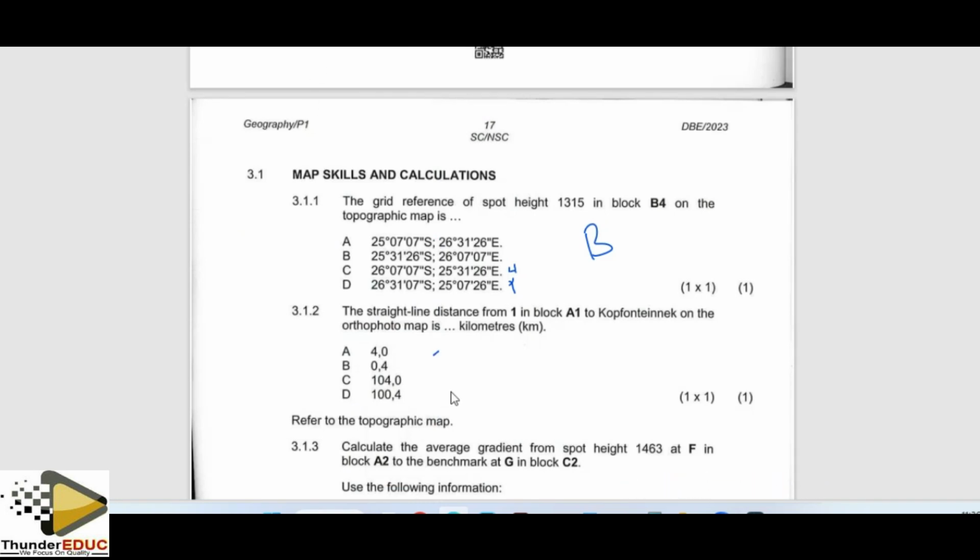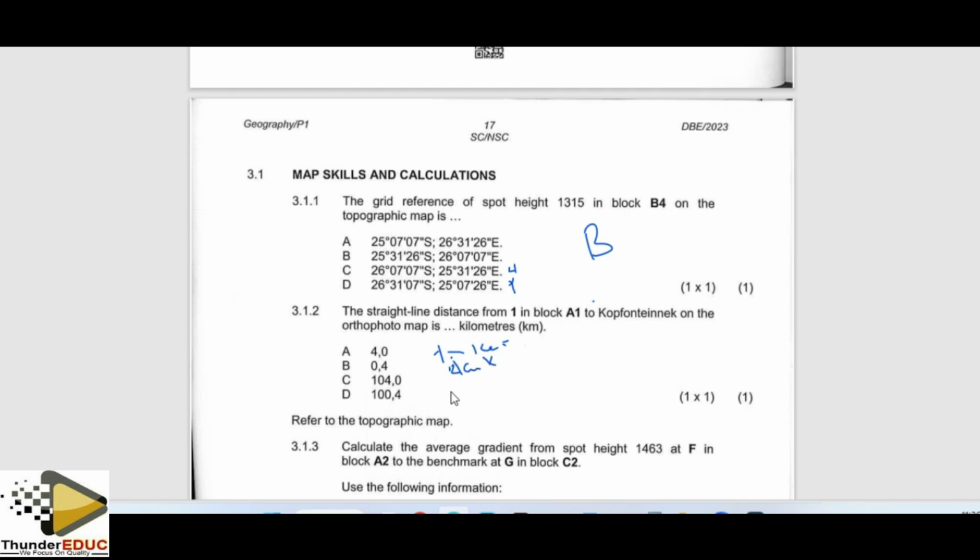Don't forget, from 1 to Clipfontein, if you measure it with centimeters, it gives you somewhere around 4 centimeters.